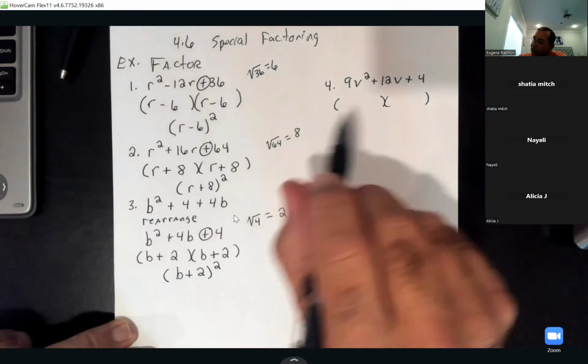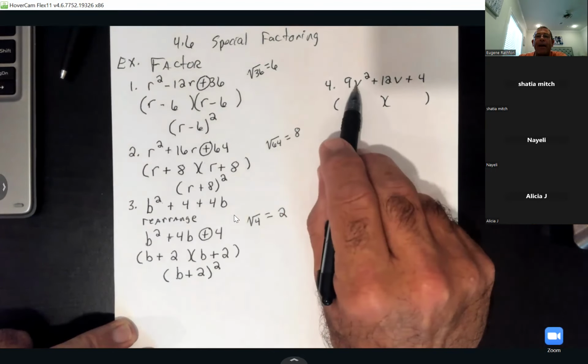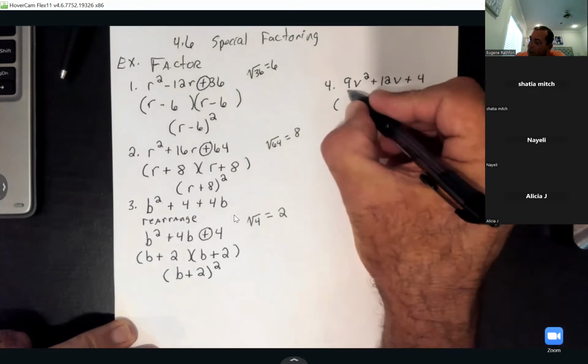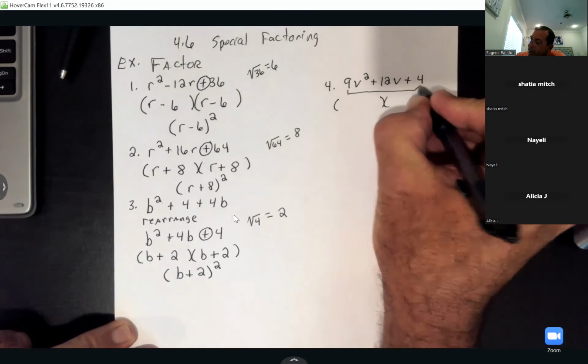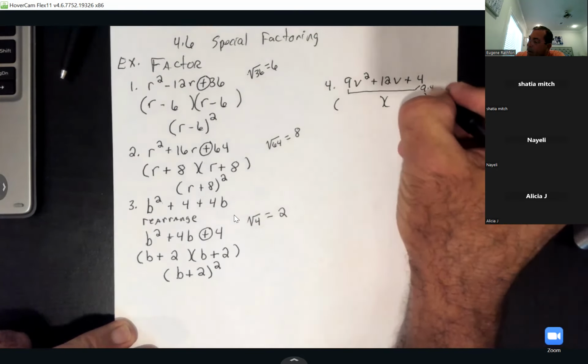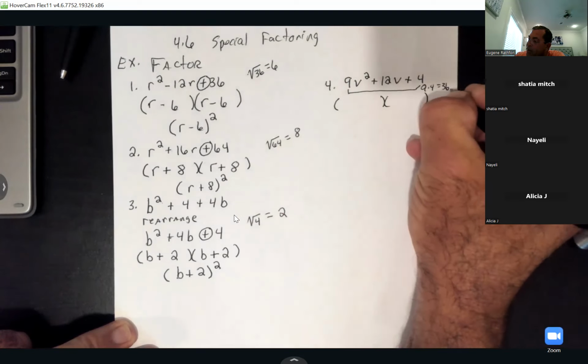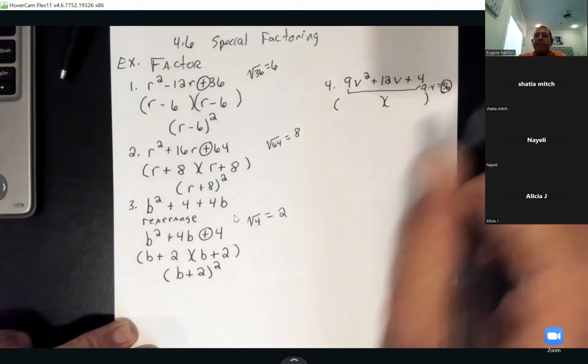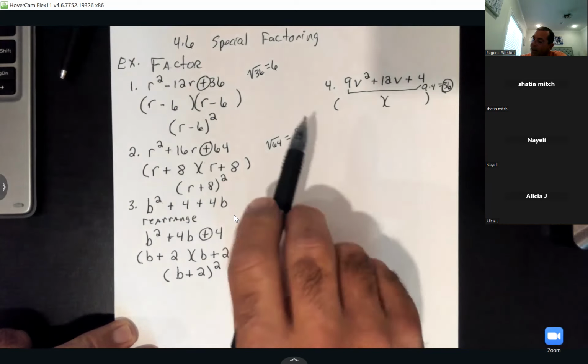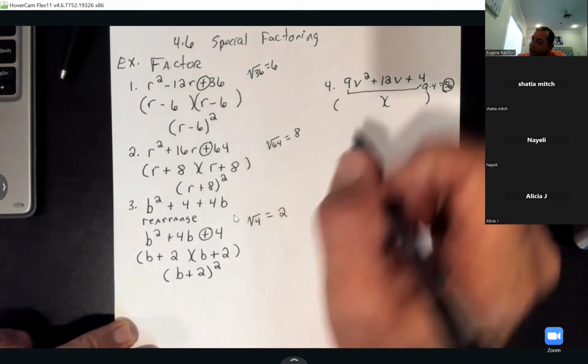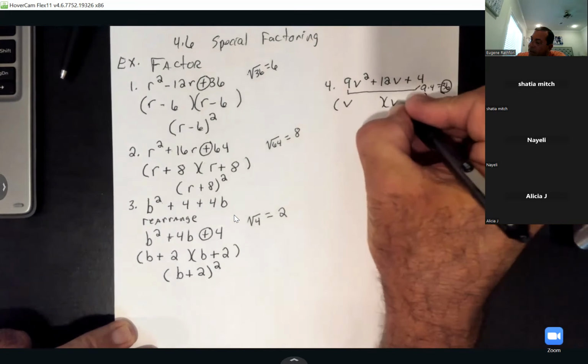Now, if you remember on this one, when I couldn't factor out that first number, I multiplied 9 times 4, and that equals 36. So y'all, let's get this started. That v squared is a v and a v.